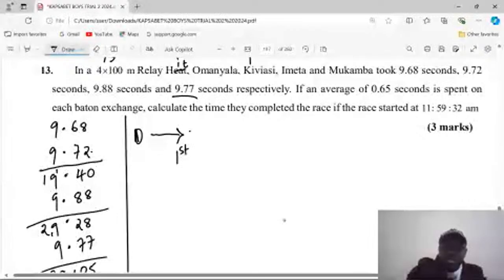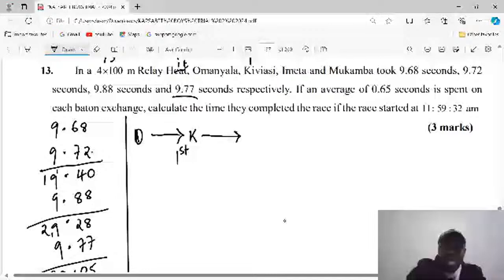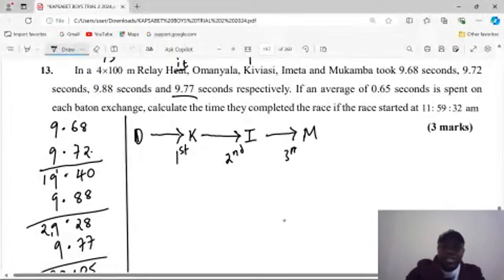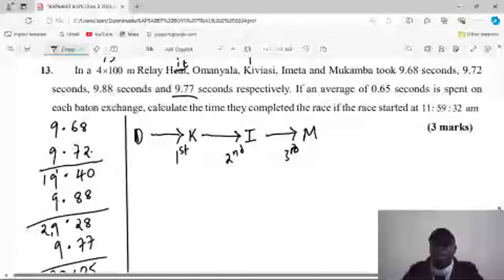Then this second person who has been given is going to run, and pass to the third person, and that is the second exchange. Then this person is going to pass over to the fourth person, and this will be the third exchange happening. So after the third exchange, this other person will just go to the finishing line. He's not going to hand it over again.